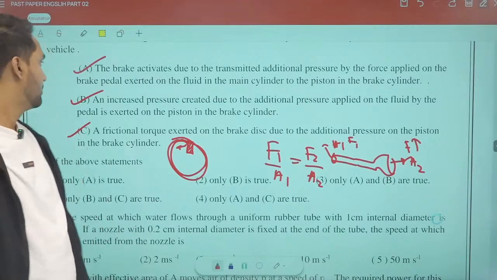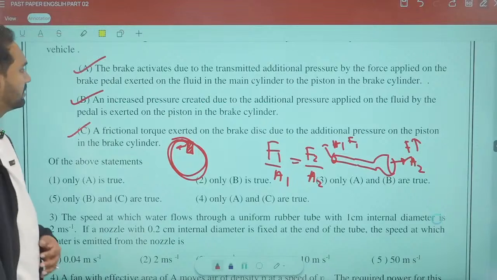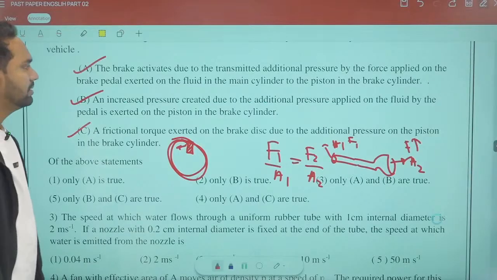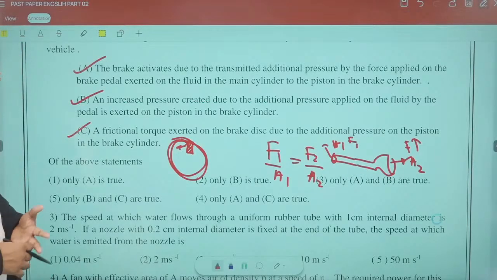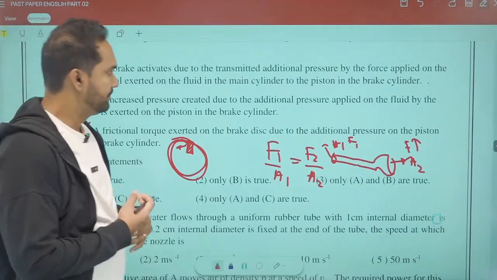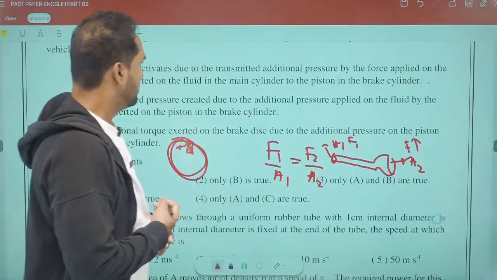So in the statement B, an increased pressure created due to the additional pressure applied on the fluid by the pedal is exerted on the piston in the brake cylinder. So the question says an increased pressure created due to the additional pressure.